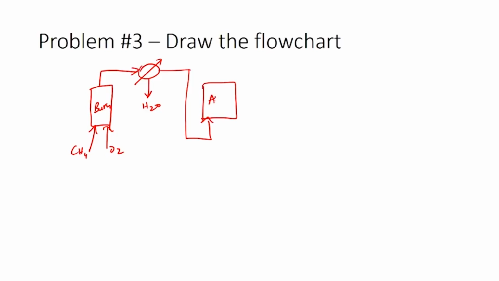So, let this be the absorber, and in the absorber you also have a solvent. We have not been told what solvent it is, it just is some pure solvent which is being fed to the absorber, and this solvent carries out all the CO2 and 97% of acetylene in the liquid form.